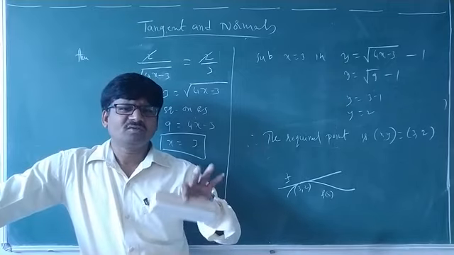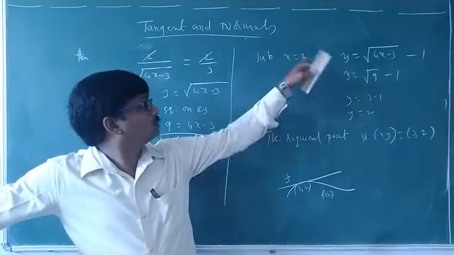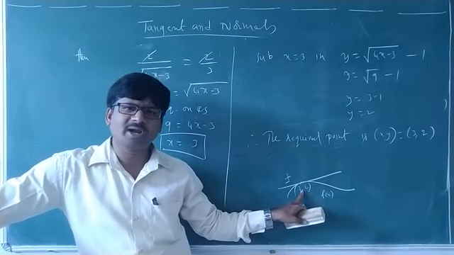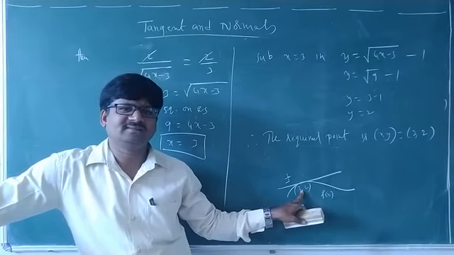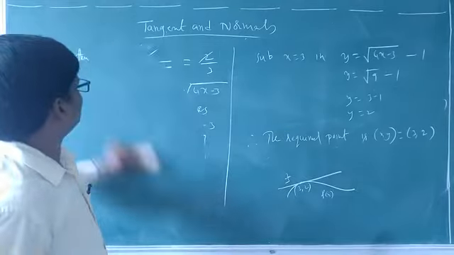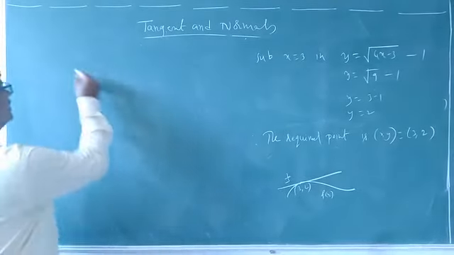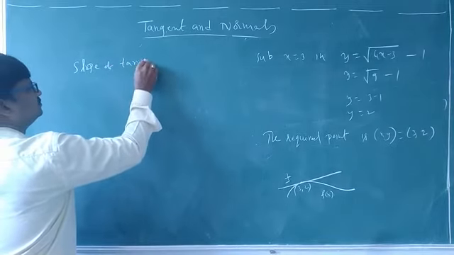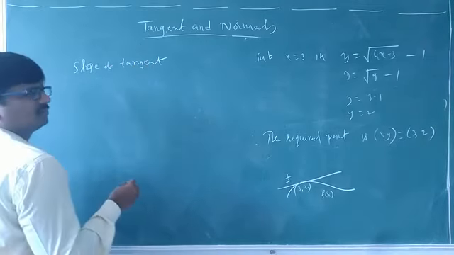Or else the slope will be given, like this, and he will ask maybe the point. These three types of questions will be asked. First one, slope of the tangent at a point.